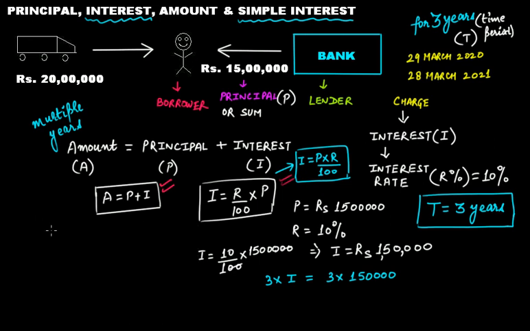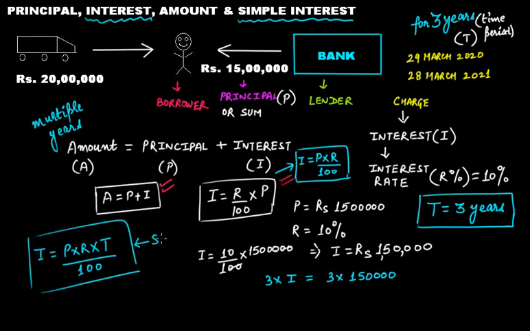Now this formula becomes I is equal to P times R times T divided by 100, for simple interest. If it's only for 1 year, you can take this, because in that case this T will be only 1. But in this case, it's for 3 years.